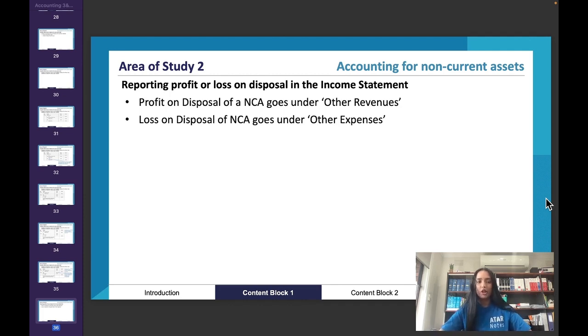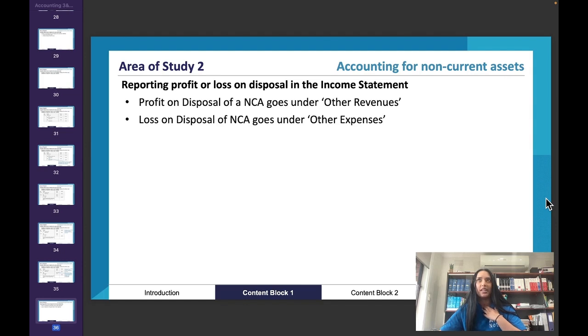And because profit on disposal of a non-current asset is a revenue that is not related to inventory, it goes under other revenues. And the same can be said of any other revenues that are listed under other revenues. So we could have discount revenue, which is a revenue, but it isn't directly related to inventory.